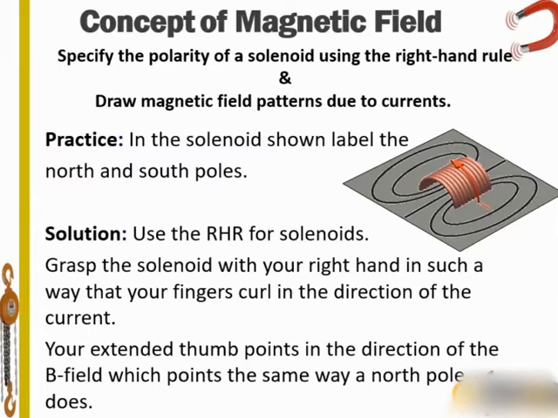So if you look at the diagram on the right-hand side of this page, you can see that what we have here is a solenoid, and in that solenoid we've labeled the north and the south pole.